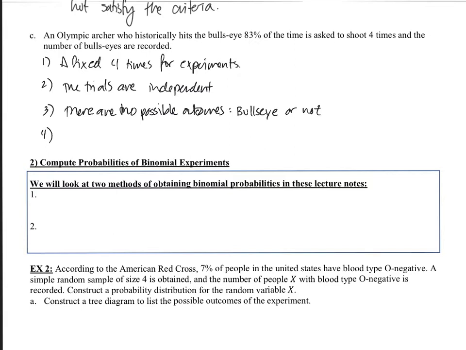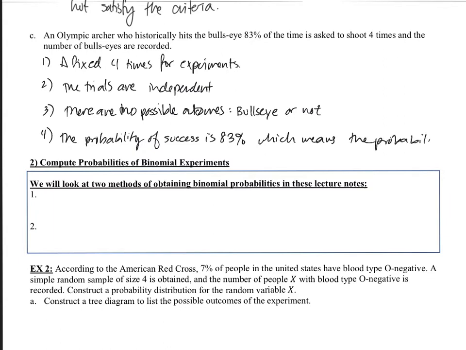And this would be yes, the probability of success is 83%, which we got from the problem, which means the probability of failure is 17%. Okay, so this is a binomial experiment. It satisfies all the criteria.